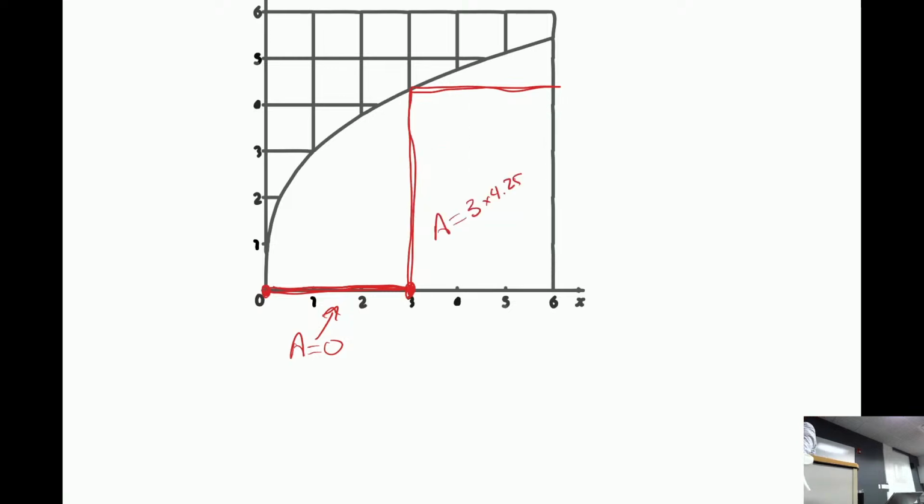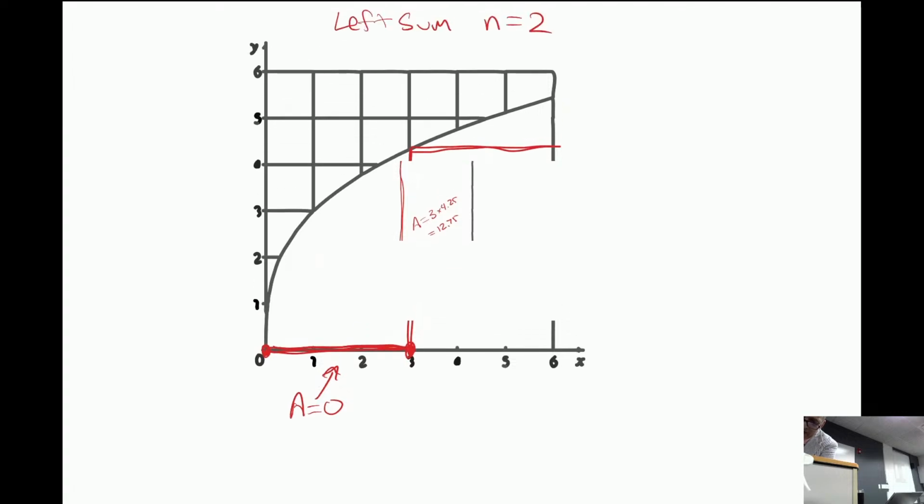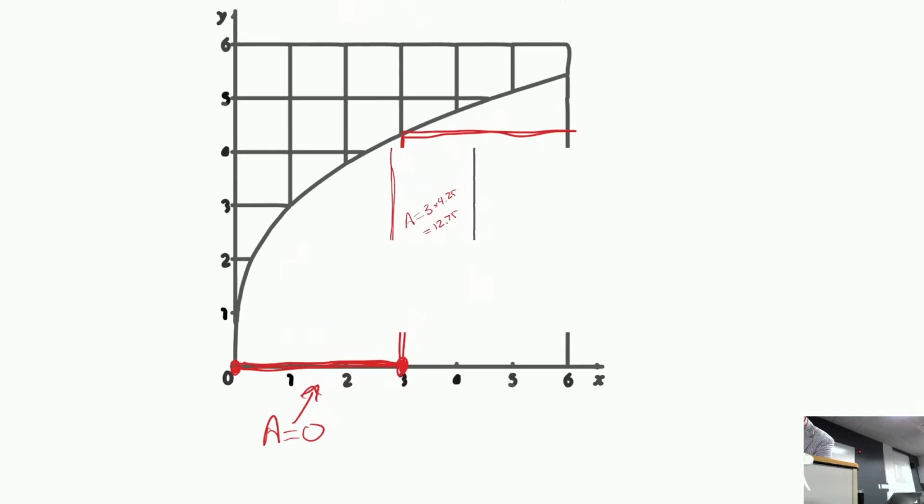I'm just guessing at this point because I don't know exactly what that function is, but this will be close enough for your notes, because I just want you to have a record of what these look like. So 3 times 4.25 is 12.75. And so the total, this is the left sum, total area.